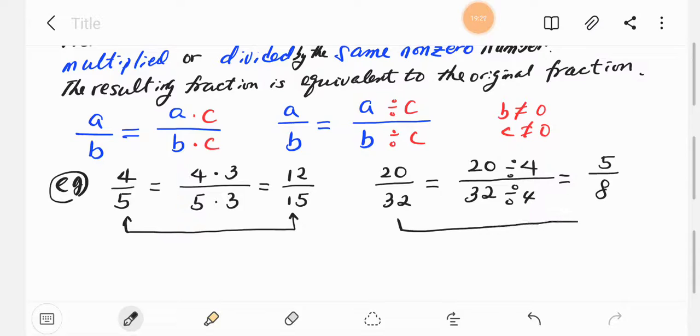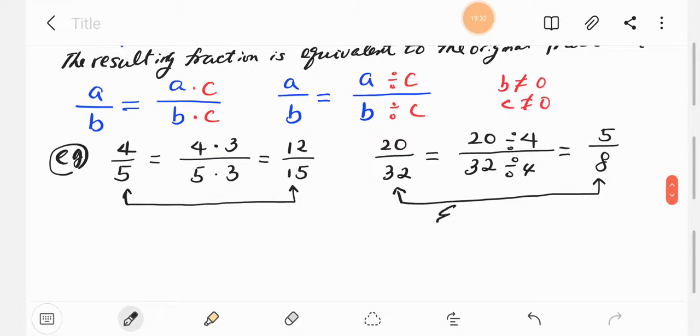So these two fractions, 20 over 32 and 5 over 8, are equivalent fractions. Simple, isn't it? Very simple.